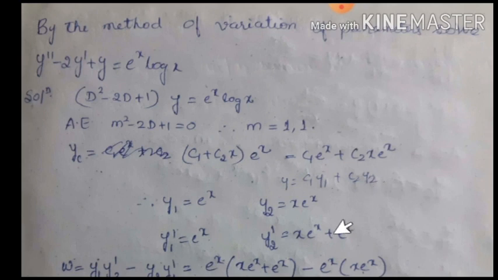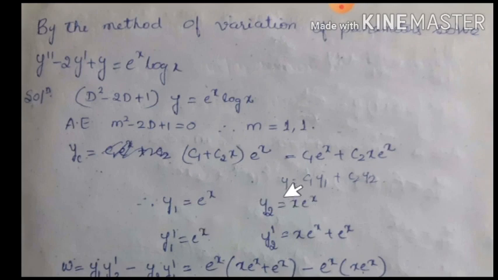Then to find the Wronskian w in the variation of parameter method, which has the formula y1 into y2 dash minus y2 into y1 dash, we need to find y1 dash and y2 dash. It means the derivatives. The derivative of y1, e to the power of x, is e to the power of x itself.